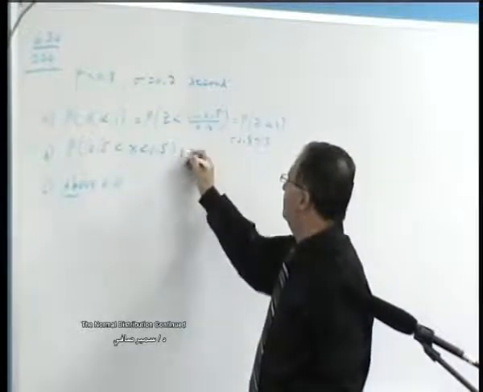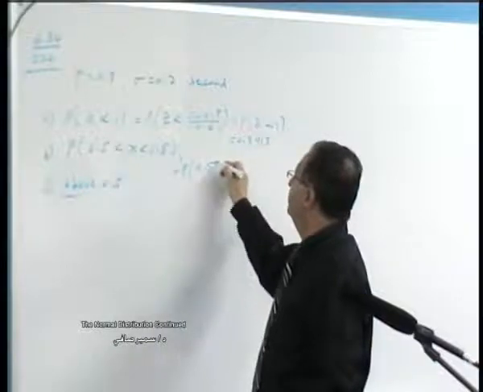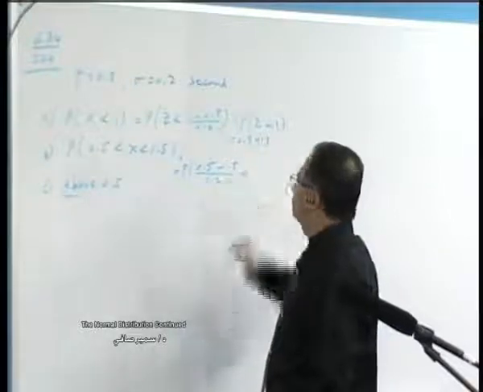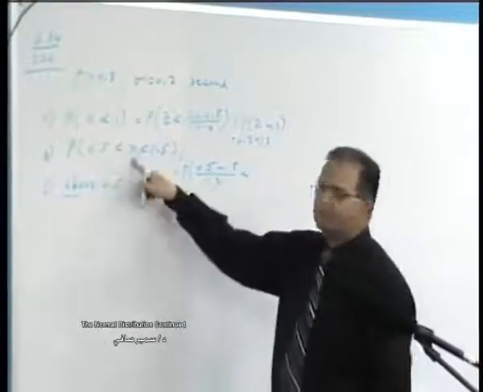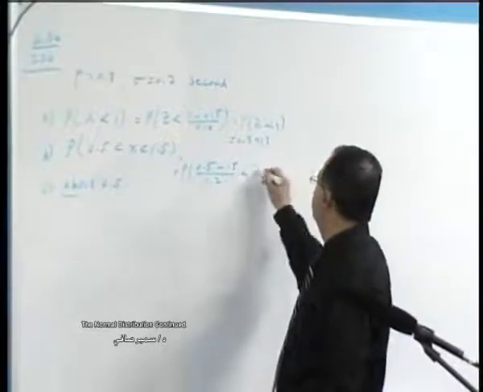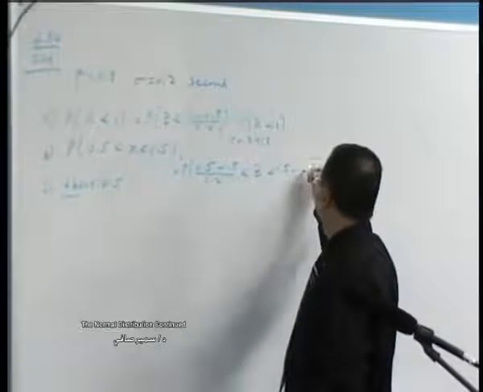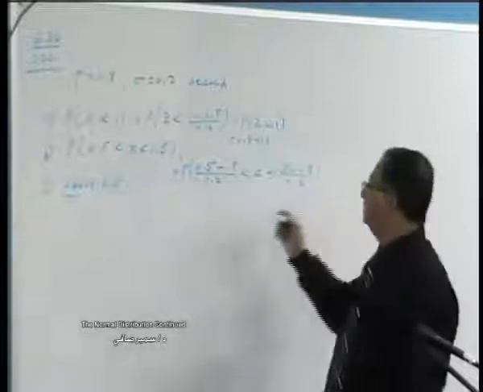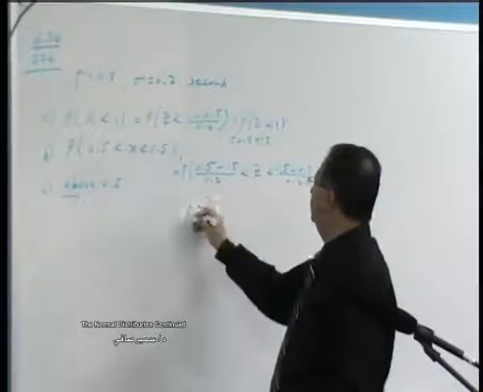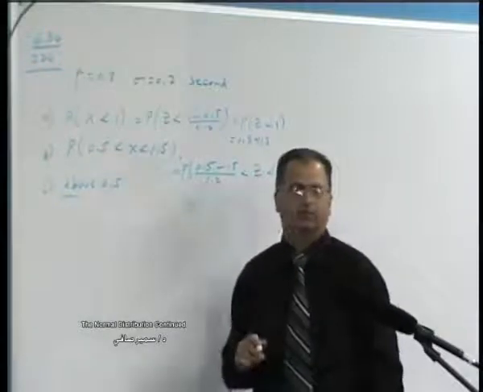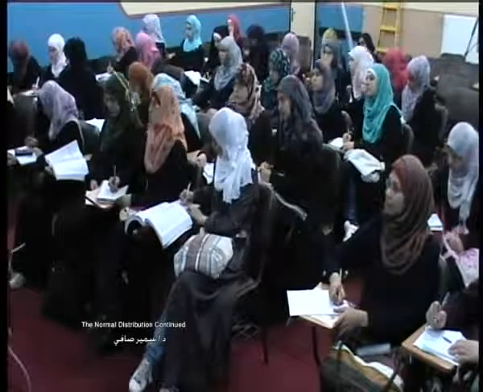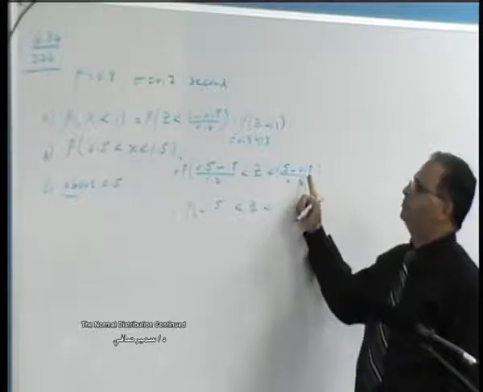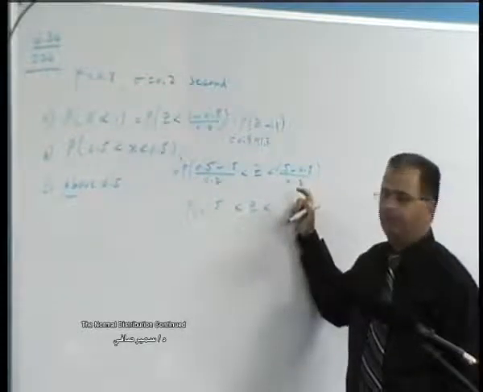So 0.5 minus 0.8 divided by sigma, smaller than z, smaller than 1.5 minus 0.8 divided by 0.2. That gives minus 1.5 smaller than z smaller than 1.5 minus 0.8, which is 0.7, divided by 0.2 is 3.5.